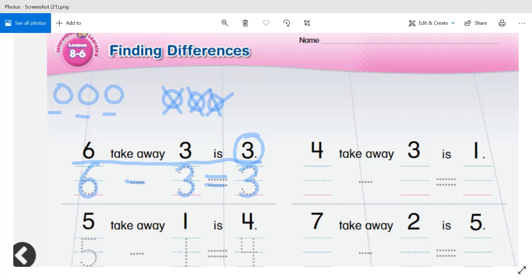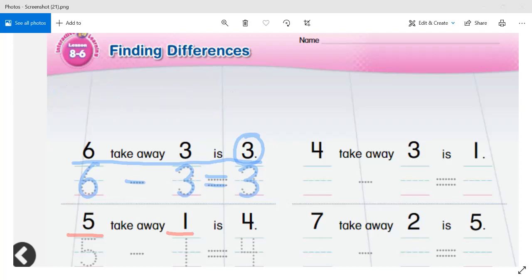All right, let's look down at our next problem. Let's get rid of these counters here. All right, we have 5 fire engines. 1 fire engine drives away.